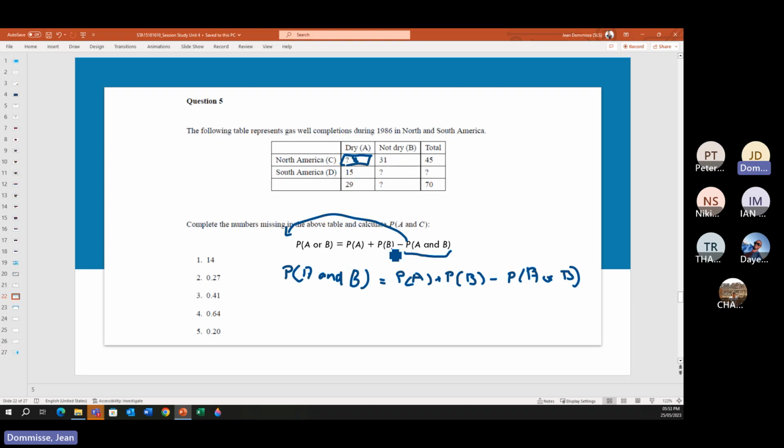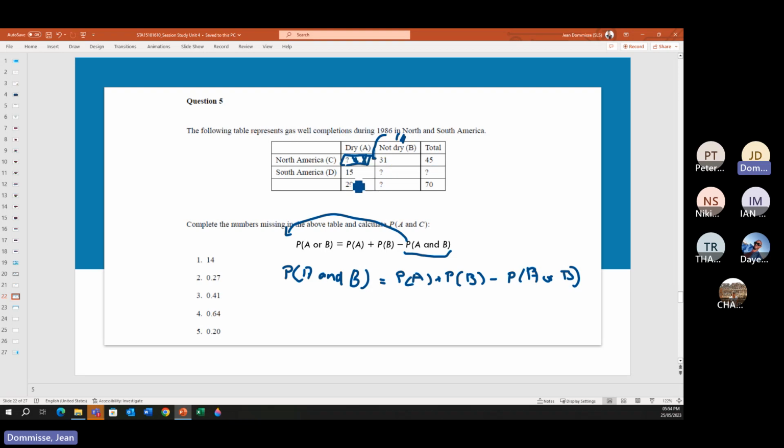The other way to do it is, when you look at just getting that number, we can just say, okay, what is that number that we need? That number is 14. How did we calculate that number? Well, that line needs to add to 45. So what plus 31 gives me 45? It is 14.